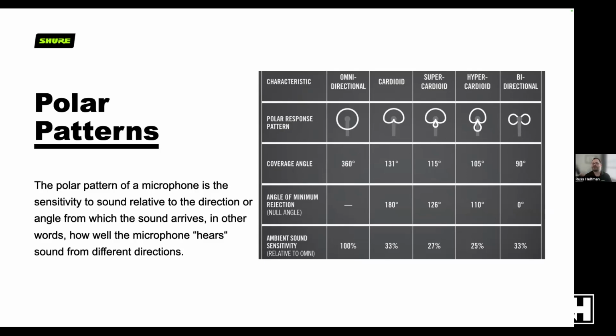So why does it matter that it isn't going to pick up from the back? Well, what if I'm a lead singer or instrumentalist on stage and I have floor monitors in front of me that are blasting straight up at me so I can hear it. A supercardioid microphone has a narrower pickup area from the front, but it does have that little bud in the back that you can see on the chart there where it does pick up.